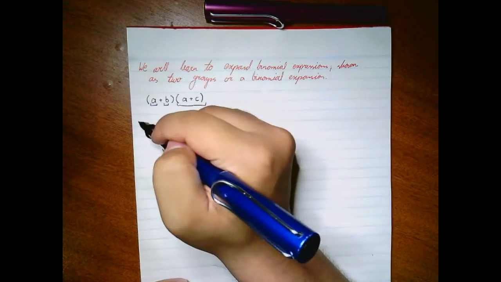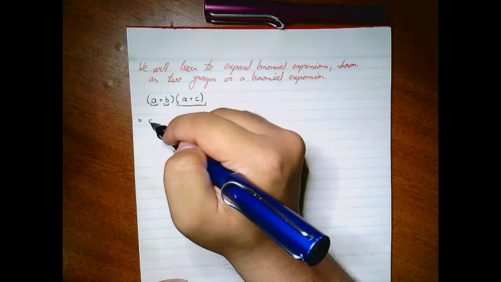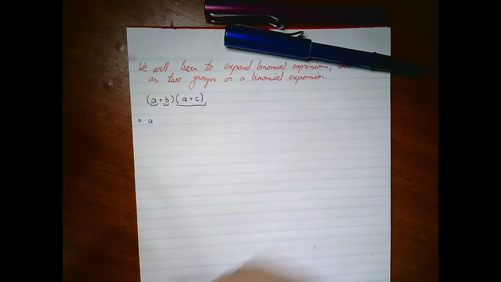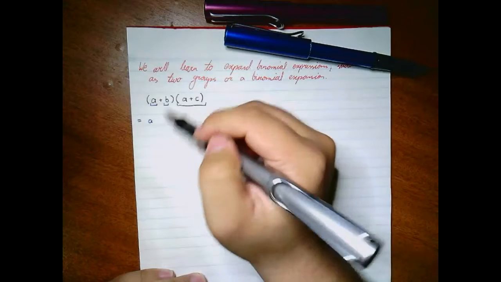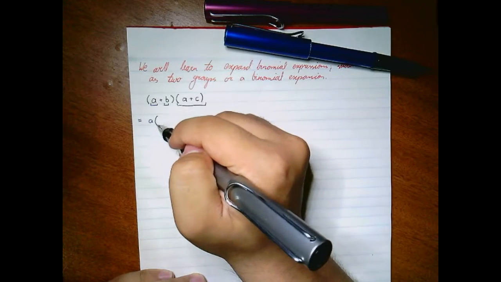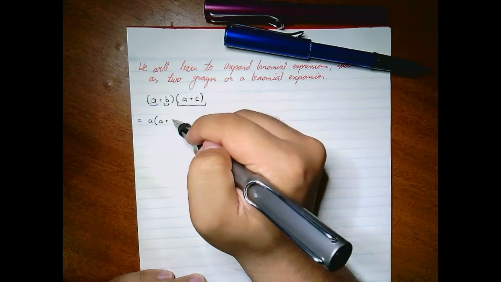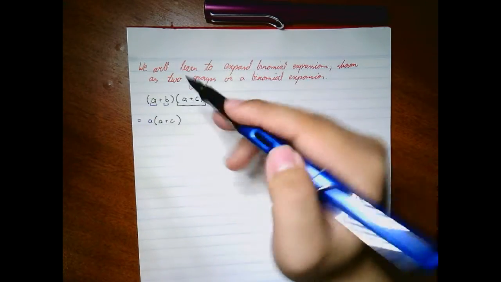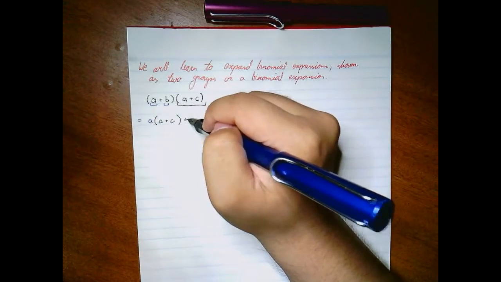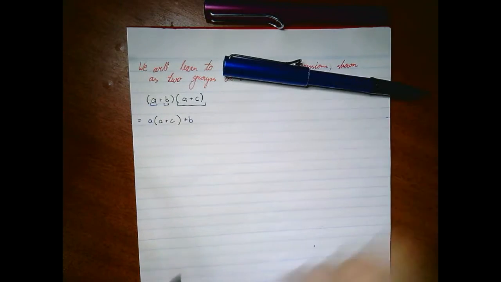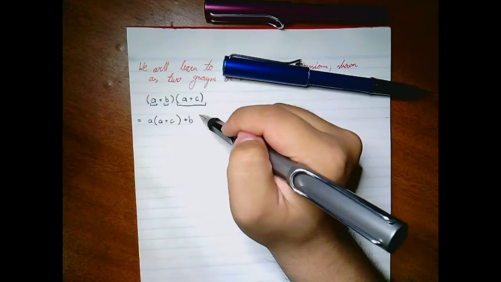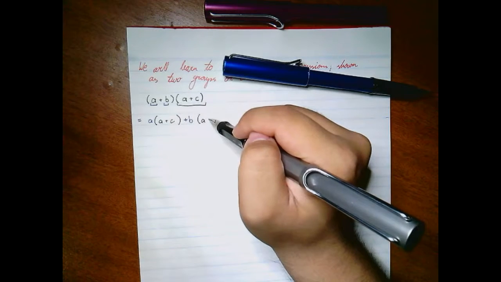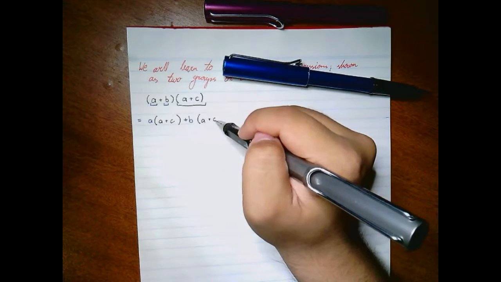Okay, this is actually equal to A outside this group, A plus C, plus B outside A plus C.